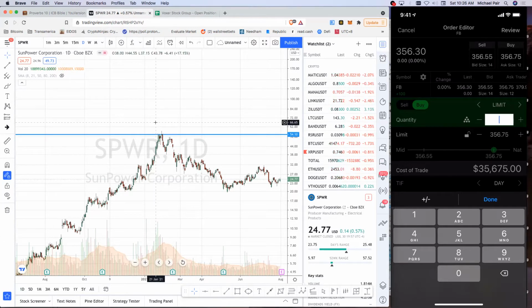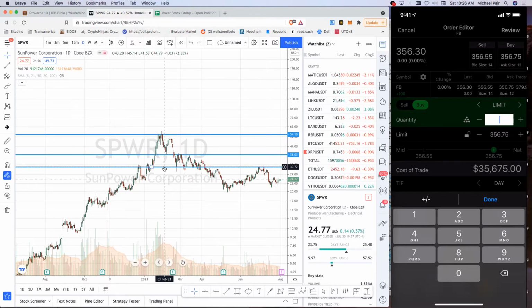I would say the support, the next line down would be like 32... oh, I'm sorry, go back up. I see 2 points right there. The next line down that I see is there. Support about 20.